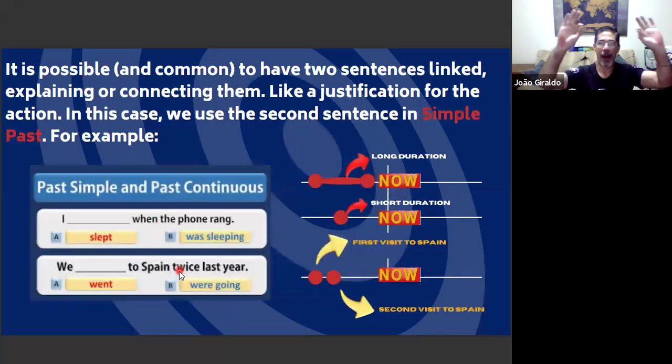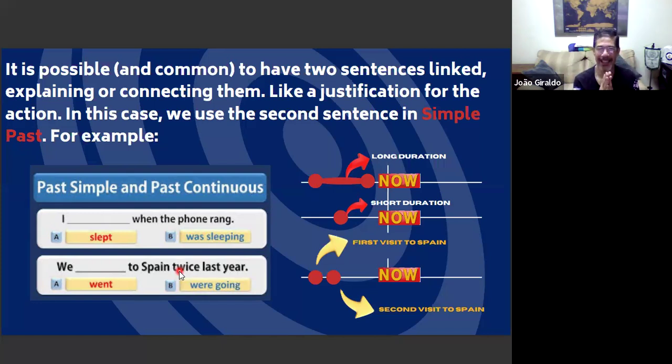Continuing here, very important this part. Okay? It's possible and very common, actually, to have two sentences connected, two sentences occurring in the same moment of action. It's like a justification of your action.